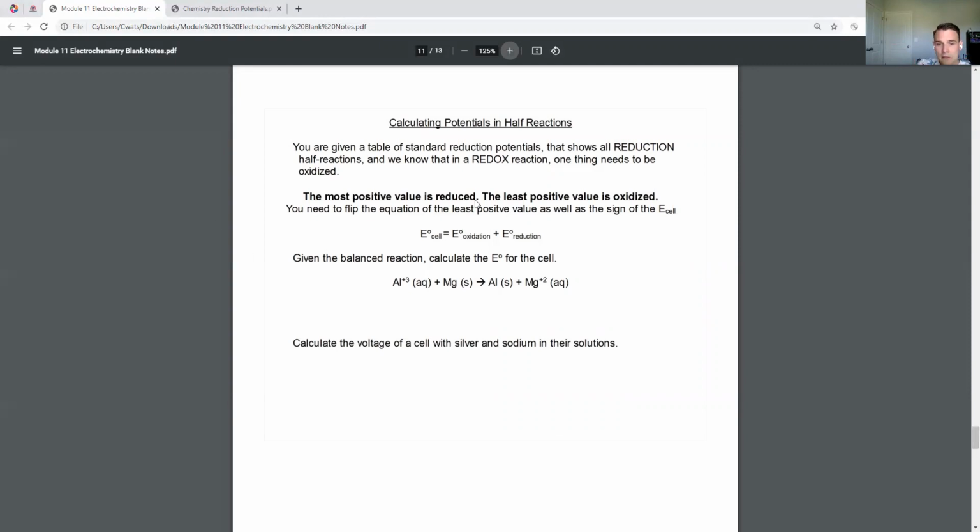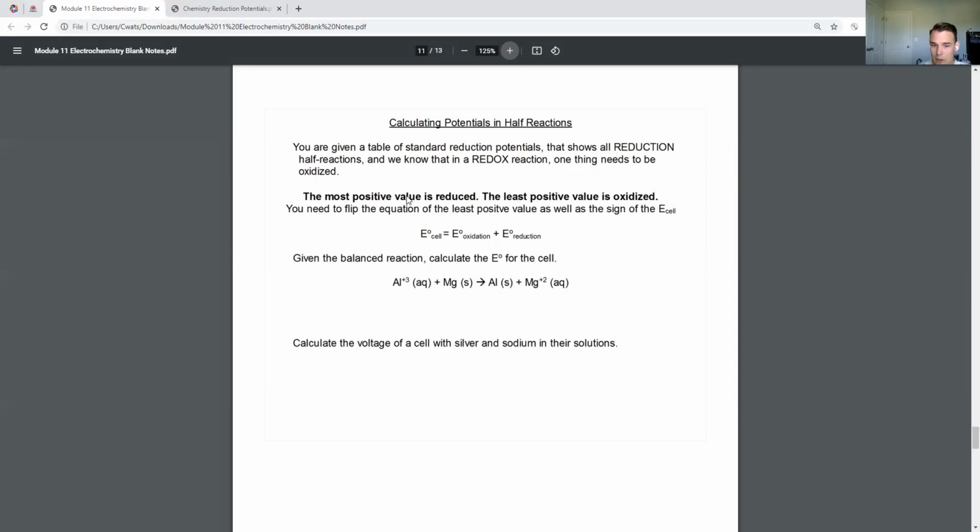The more positive value is reduced and the other one will be oxidized. So you need to flip the equation of the least positive value as well as the sign for the cell. So the E cell, to calculate the voltage of the electrochemical cell, will equal the energy of the oxidation half reaction plus the energy of the reduction, E-ox plus E-red.